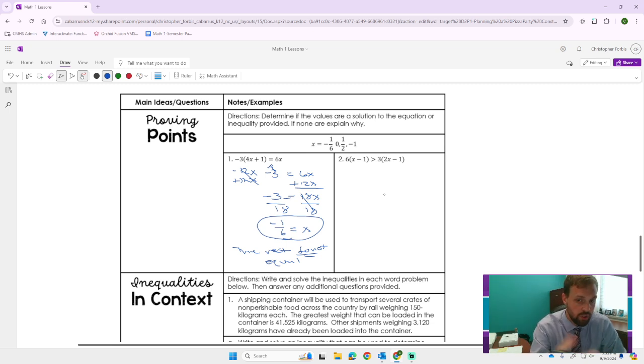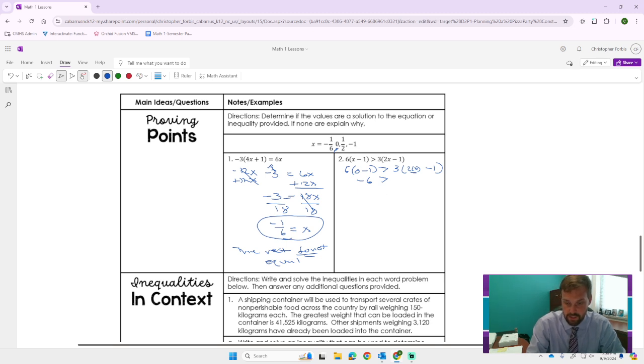For number 2, you could also test any of those points. Just to show you, if I want to test 0, for instance, I can plug 0 in and see if this statement is true. 0 minus 1 is negative 1, and negative 1 times 6 is negative 6. 0 times 2 is 0, minus 1 is negative 1.